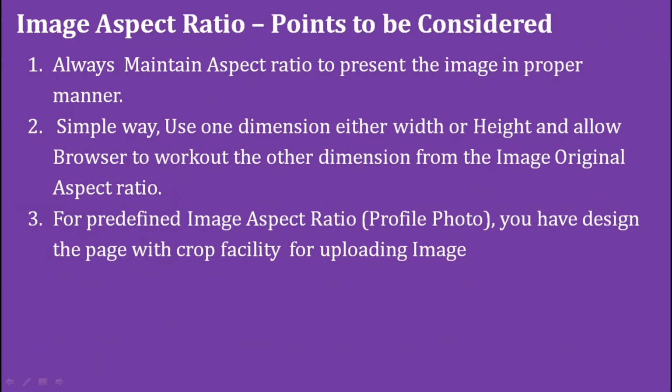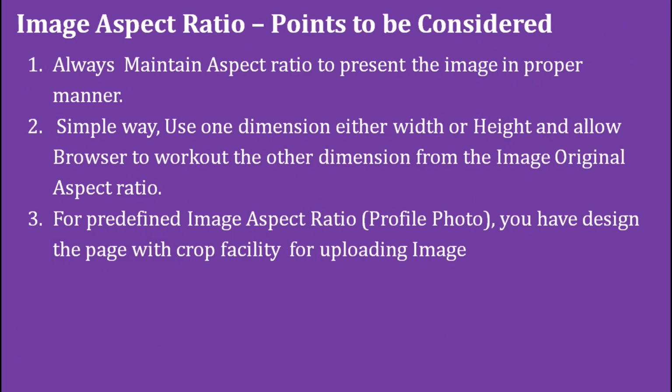Points to be considered for the image aspect ratio. Always maintain a proper aspect ratio, and then only the image will be presented in a proper manner. A simple way of maintaining the aspect ratio is to always use any one dimension, either width or height, according to your page layout. Then the second dimension is automatically calculated by the browser based on the image's original aspect ratio, and it will maintain the aspect ratio.